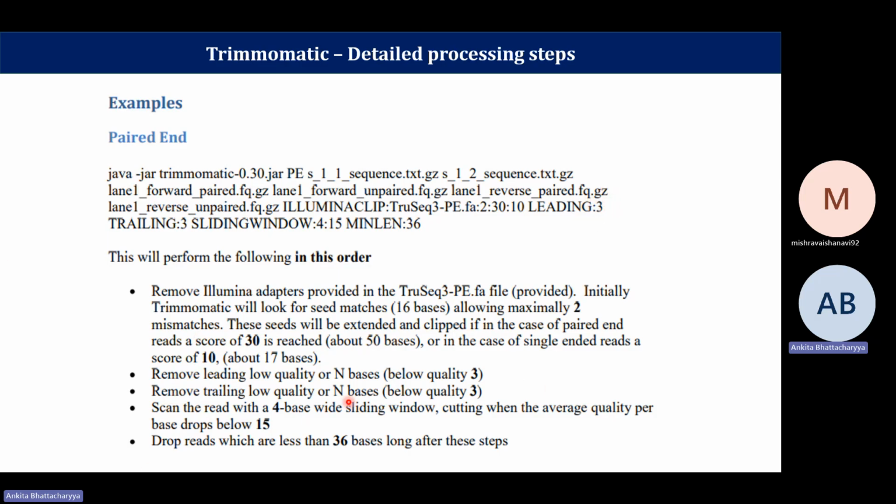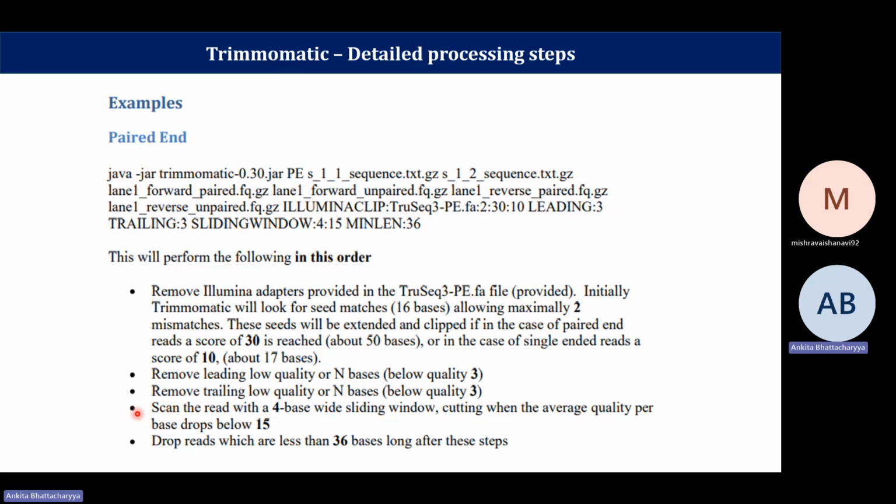Trailing removes low quality or N bases below quality 3, which is trailing 3. If we had introduced a certain parameter like head crop here, it would have cropped the first x number of bases. If we had used crop, it would have cropped all of the sequences to a certain length. So based on which commands you include and exclude, the tool is going to work accordingly.